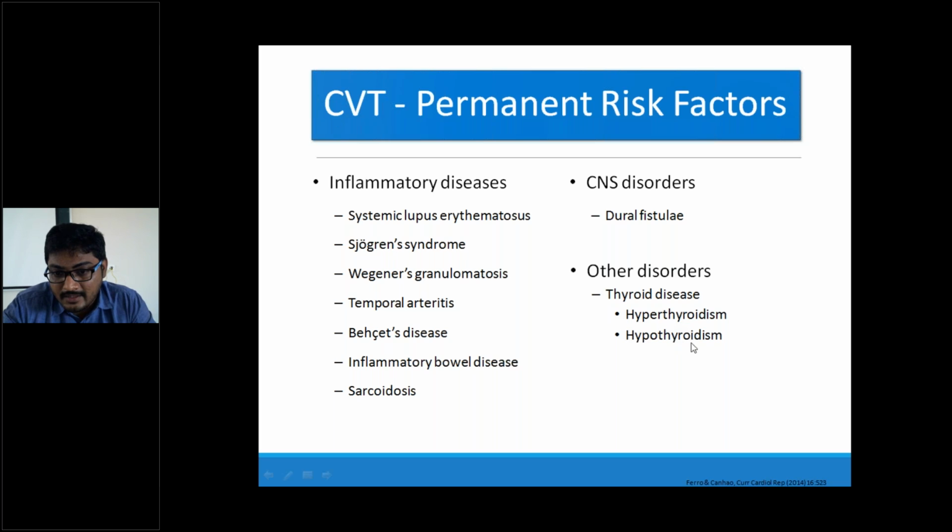Hypothyroidism and hyperthyroidism both are responsible for arrhythmias and atrial fibrillation. Patient had atrial fibrillation and presented with embolic stroke, right?